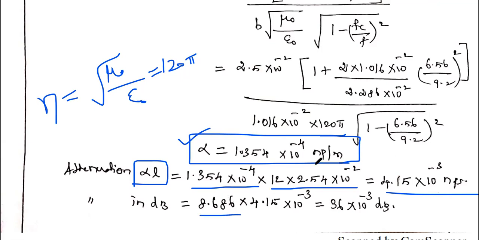If you want to convert Nepers into decibel, you just multiply the Neper value with 8.686. We already studied this in the first unit, the conversion of Neper into decibel. So we get the answer as 36 into 10 to the power minus 3 dB. This is the loss happening in our transmission.